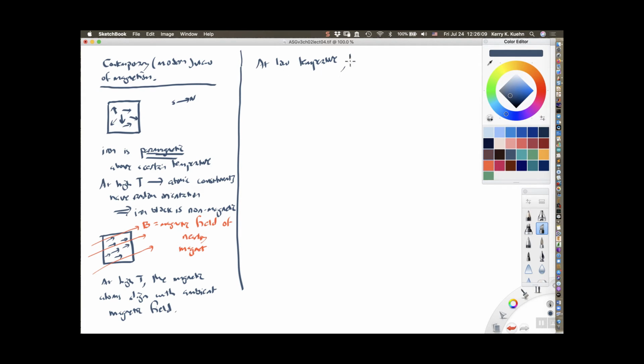So at low temperature, the magnetic atoms, so to speak, bind together in such a way that the magnetic moments of the atoms are oriented in the same way. So they're oriented parallel to one another.